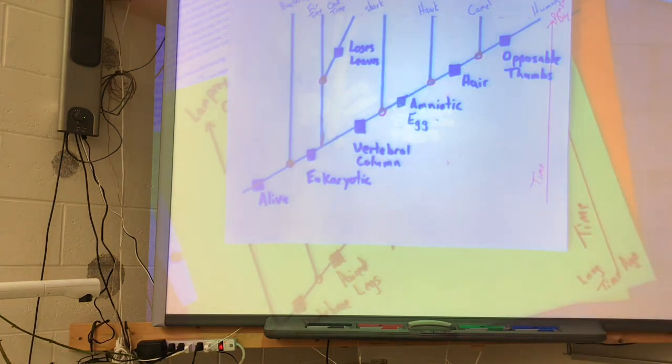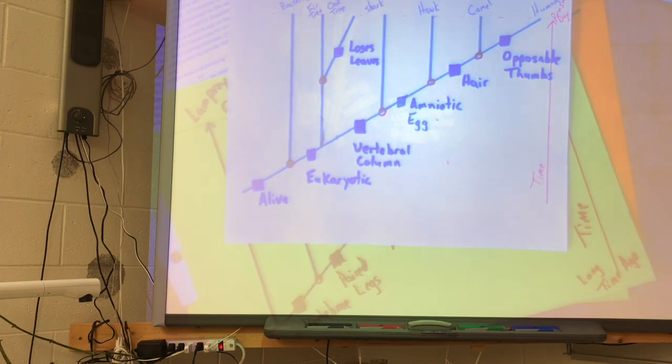The other option, just for the record, is you could go through oak trees. You could have gone oak tree like this, and put the characteristic of "loses leaves" here. You could put it there and then go back here, because I think shark is the one that was next, and this is the vertebrae.